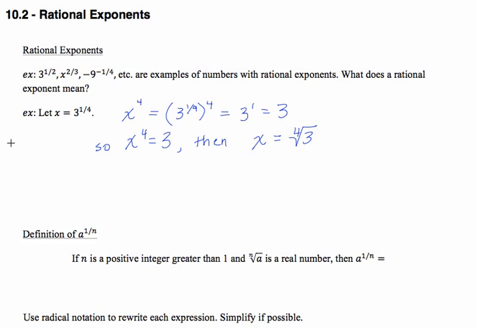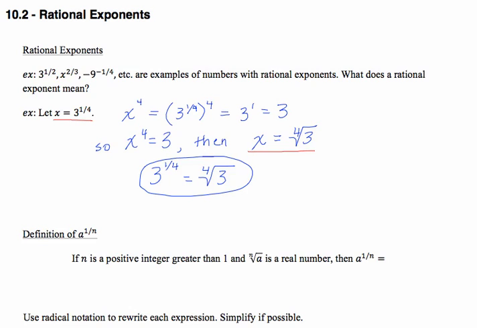Now, here we said x is equal to 3 to the 1/4. Here we found x is equal to the 4th root of 3. So what we've shown is that 3 to the power of 1/4 is the same as the 4th root of 3. That is what a rational exponent means.